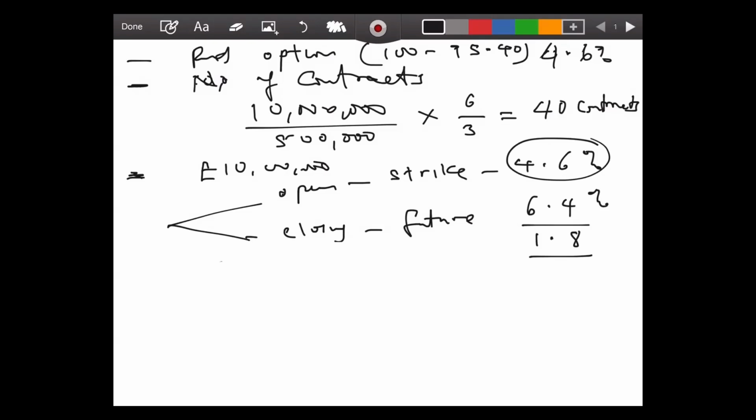So what will be the effective rate based on this calculation?